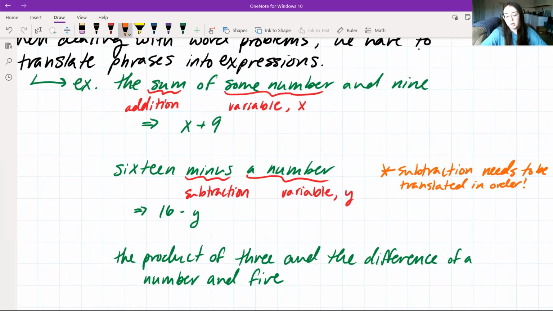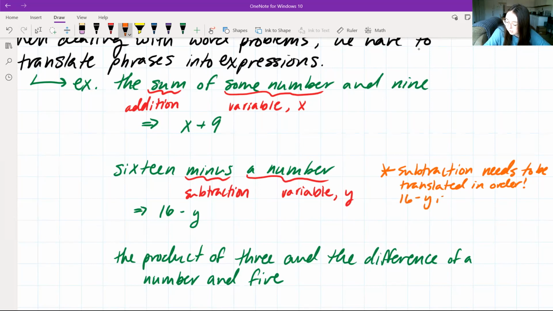For example, in this problem, we have 16 minus a number. When dealing with subtraction, we have to go in order. Our order would be 16, then our subtraction, minus a number. So we have to follow that order.